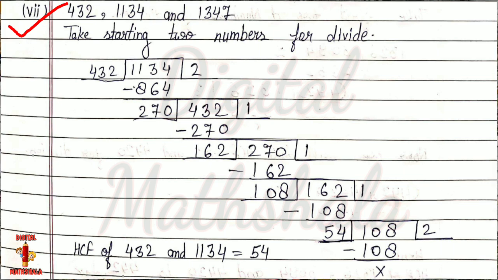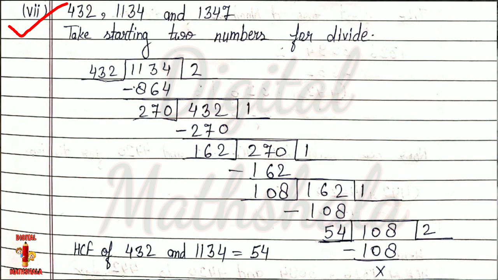1134 we will divide by 432, and then it will go 2 times. Then we will subtract 864 from 1134, and after subtracting we will get 270, which is the remainder.